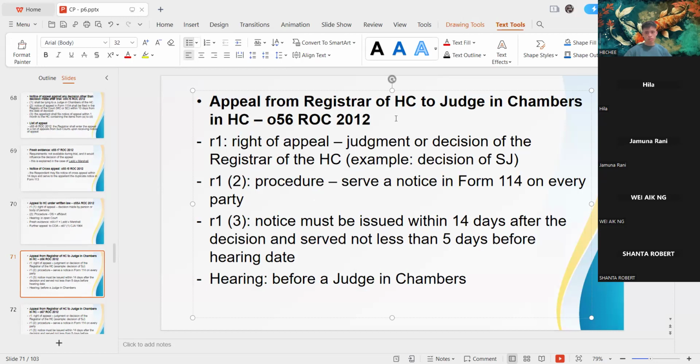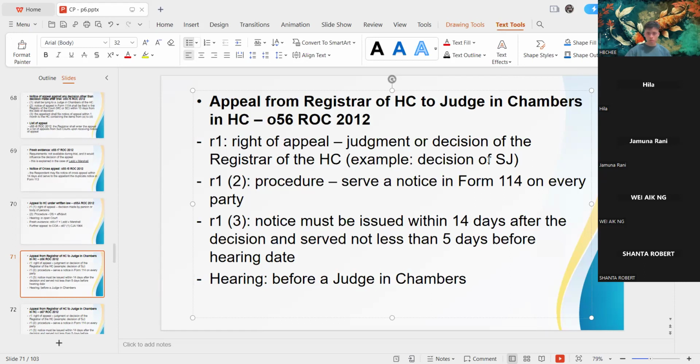Because this is the decision of the registrar of the High Court, it's not by the judge. The registrar is an officer. It doesn't mean that he or she is the judge.